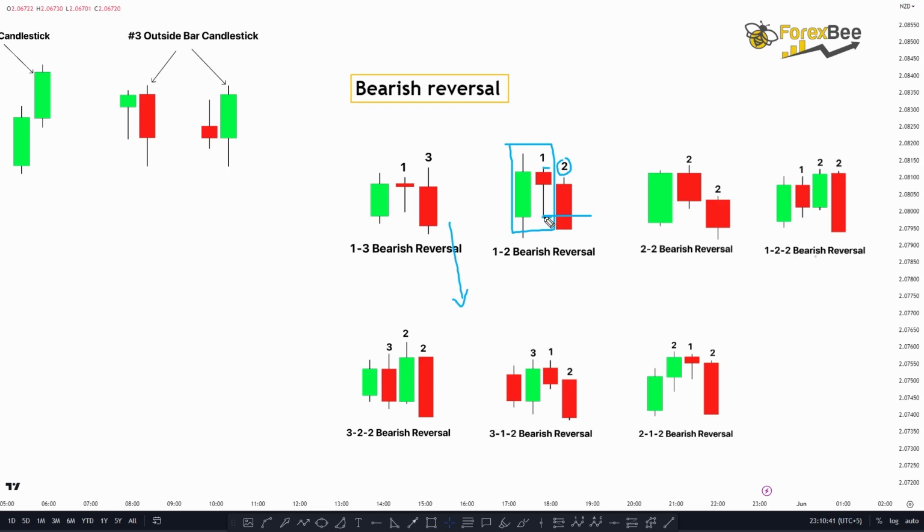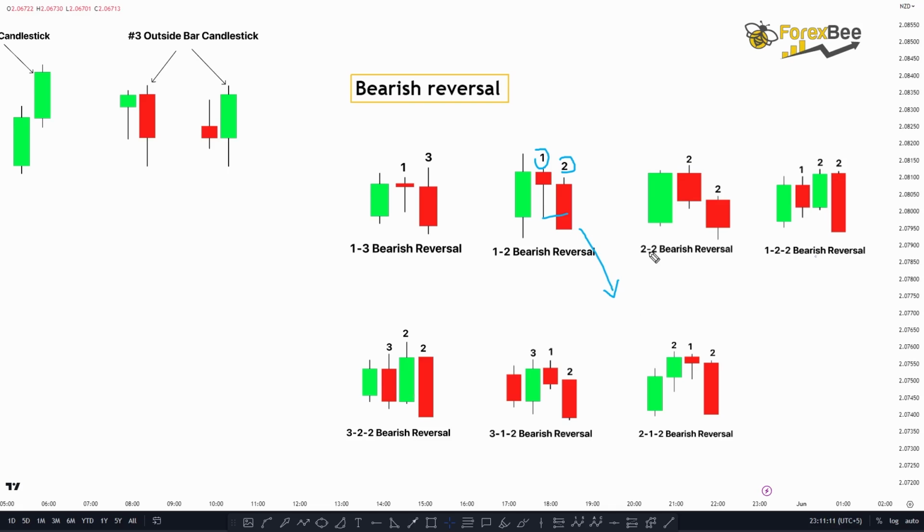So this 2 is breaking the low of the previous candle, and this is a 1-2 bearish reversal, which suggests that the market will move in the bearish direction. Again, by combining the 1 candlestick, which was the inside bar, and the 2 candlestick, which was the trending candlestick that breaks the low of this middle candle, we are detecting the 1-2 bearish reversal strat pattern, and this suggests that the market will move in the bearish direction.